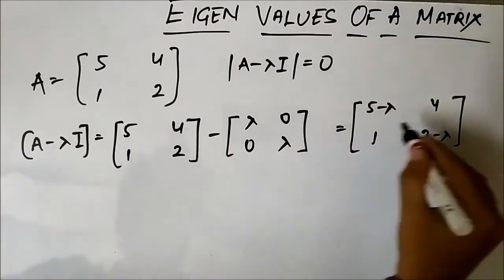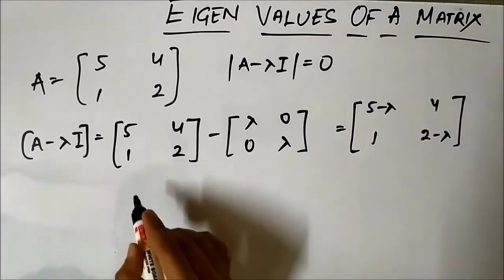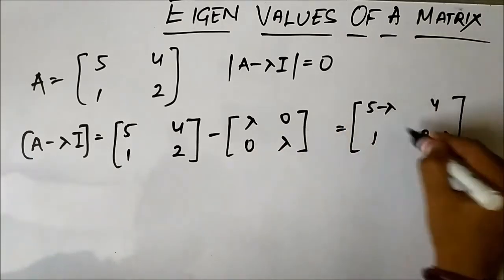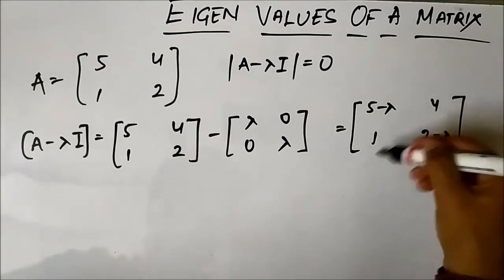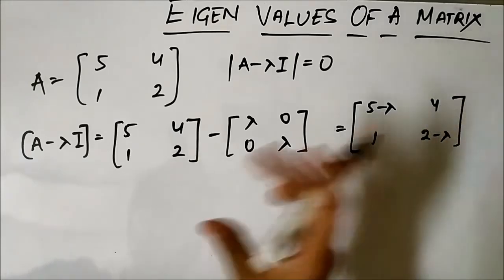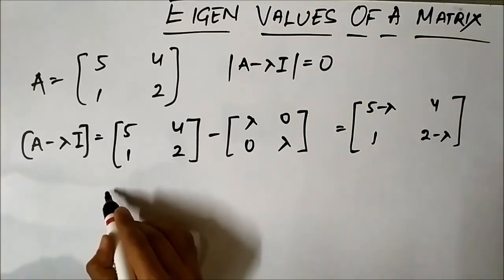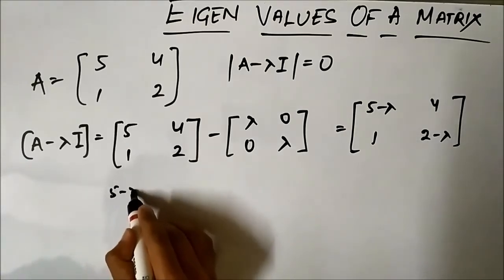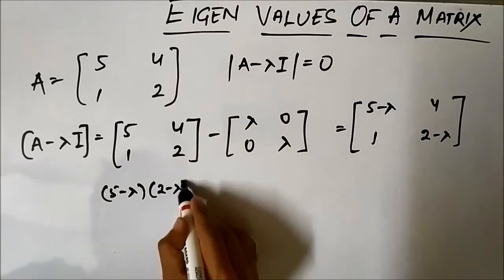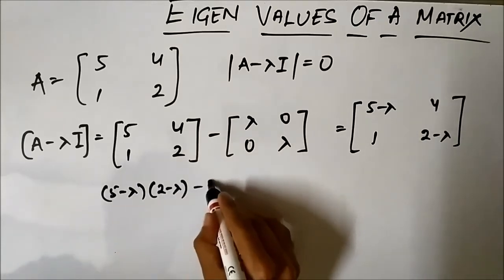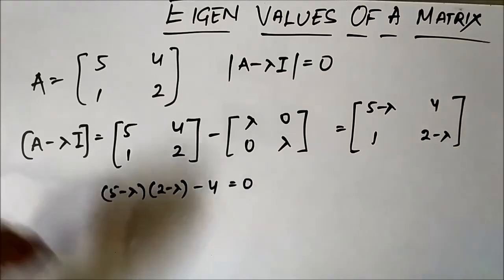Then we have to determine the determinant value of this matrix, which is the product of the leading or principal diagonal elements minus the product of the second diagonal elements, which is 5 minus lambda into 2 minus lambda minus 4 is equal to 0.